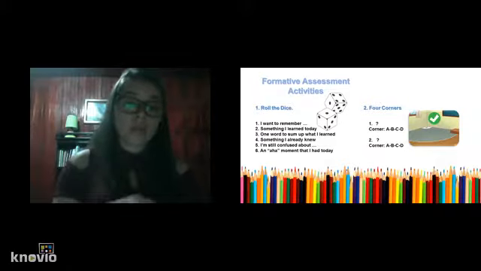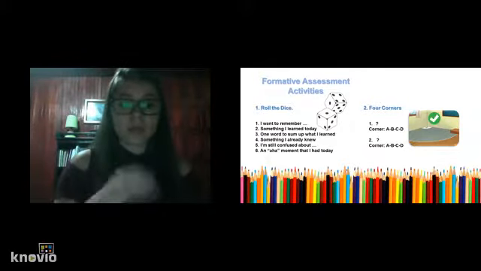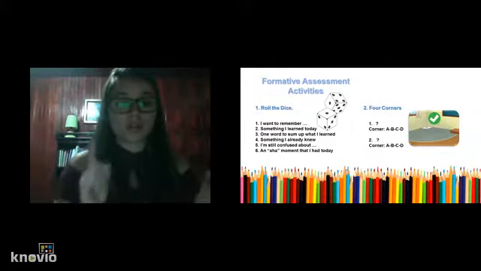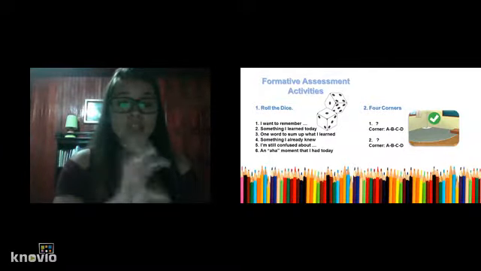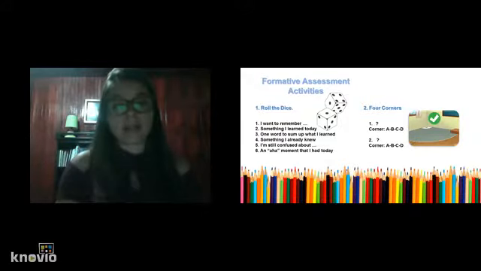Then we have 4 corners. So we will use the corners of the classroom, and each corner will have a letter.